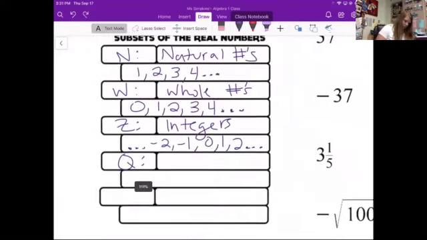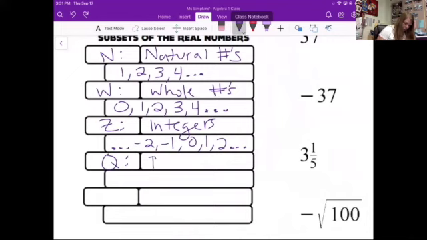So our rational numbers, remember, were fractions, like 1/2, or mixed numbers like 4 and 1/4, or they were terminating or repeating decimals. So 2.7 would be our terminating decimal, and 4.6 repeating is just my example of our repeating decimal.